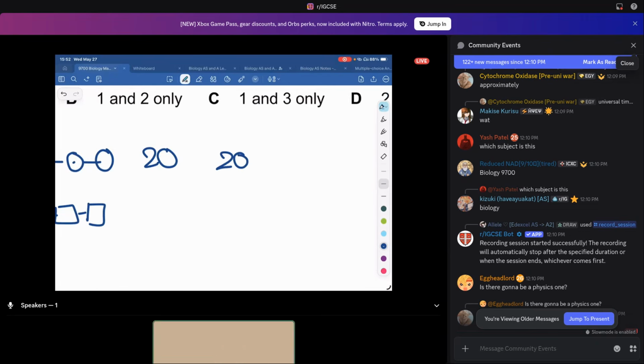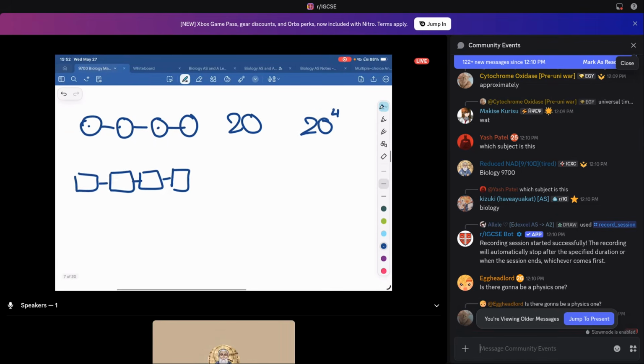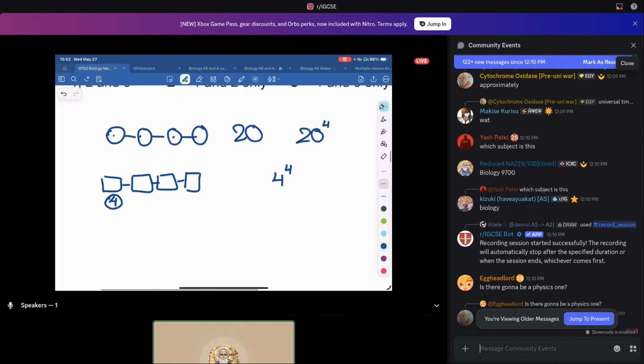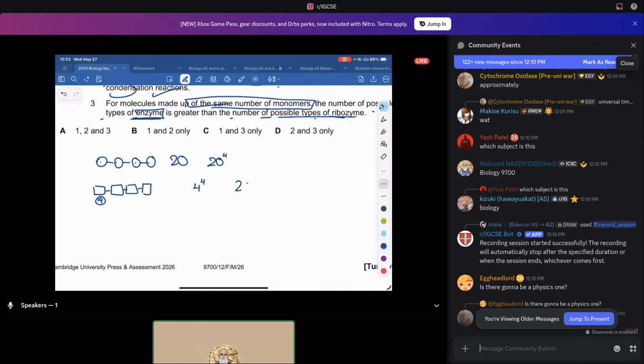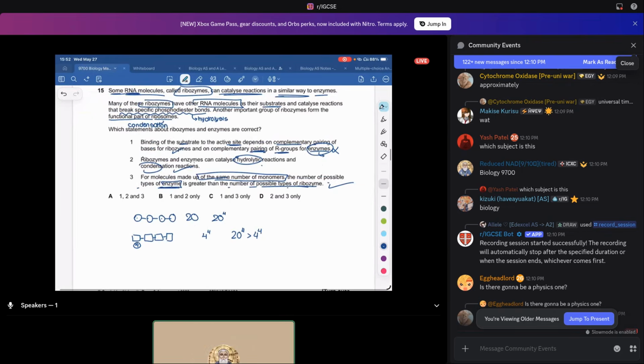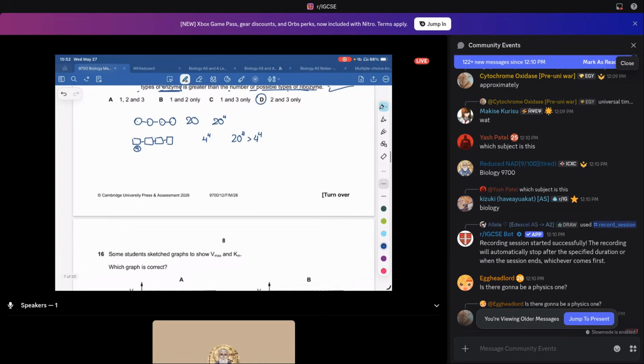So that's 20 to the power of 4. Here, there are only 4 bases of RNA: adenine, cytosine, uracil, and guanine. So there are only 4 to the 4 possible combinations. 20 to the 4 is greater than 4 to the 4. So this is true. There are more possible enzymes than ribozymes. And so the answer is 2 and 3 only, which is D.